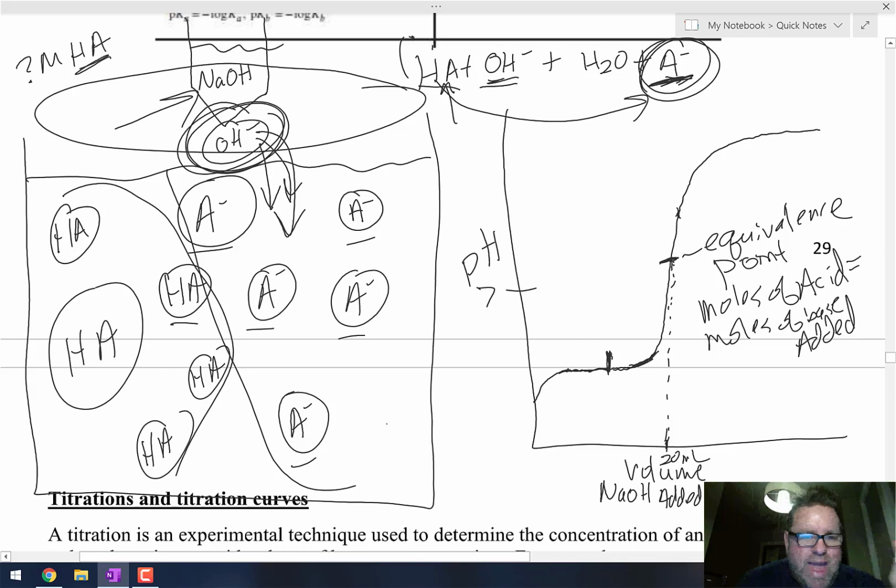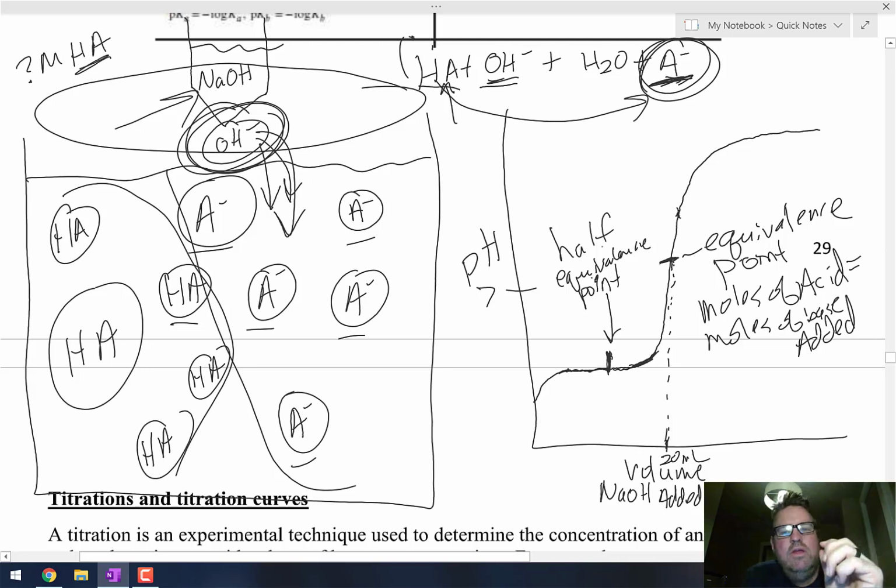And that's when the concentration of the acid, the HA, and the concentration of the conjugate base are equal to each other. That's this point right here, which we call the half equivalence point. Okay, and that point's going to become a lot more important later on.